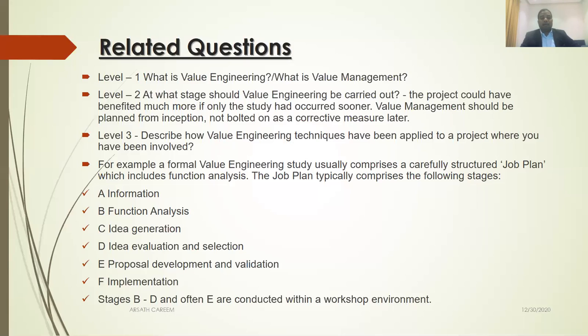First, you have to get the information of the project. Then you do analysis of the function. Then you generate ideas. Then idea evaluation and selection. Then proposal development and validation, and implementation. These are the steps of value engineering.